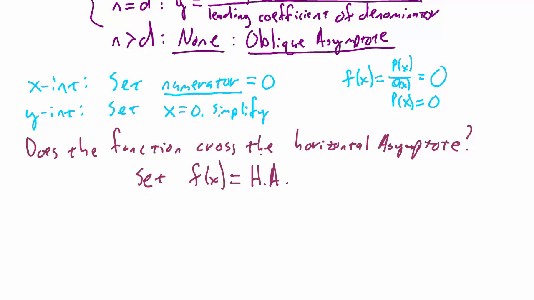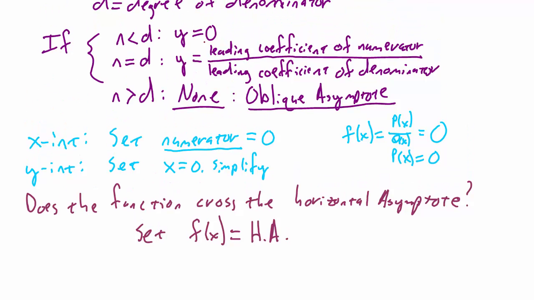Now, if it's 0, you've already done this, because that's effectively looking for any x-intercepts. If there is no horizontal asymptote, there's no way for it to cross the horizontal asymptote, so don't worry about that. But if there is one that's either 0 or a number, set the function equal to it and solve. Okay. And there you go.